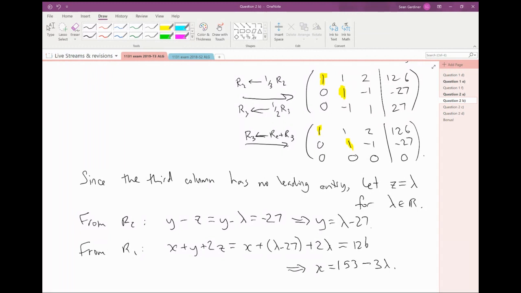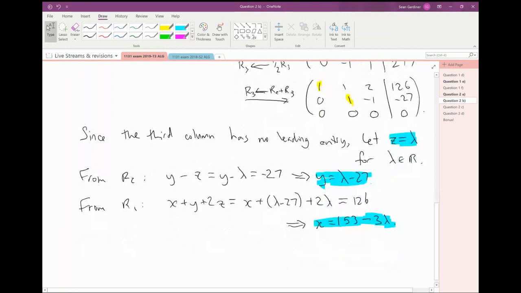In fact, z is lambda, y is lambda minus 27, and x is 153 minus 3 lambda for any parameter lambda. Okay. So if you like, you can write out your full solution again altogether, but I'll just leave it like that, I think, for now.